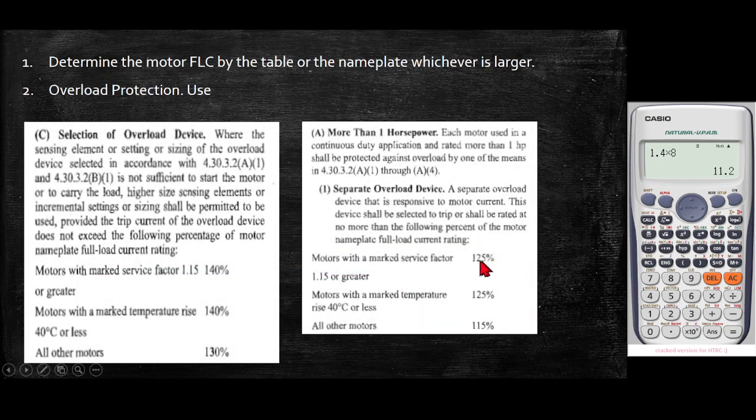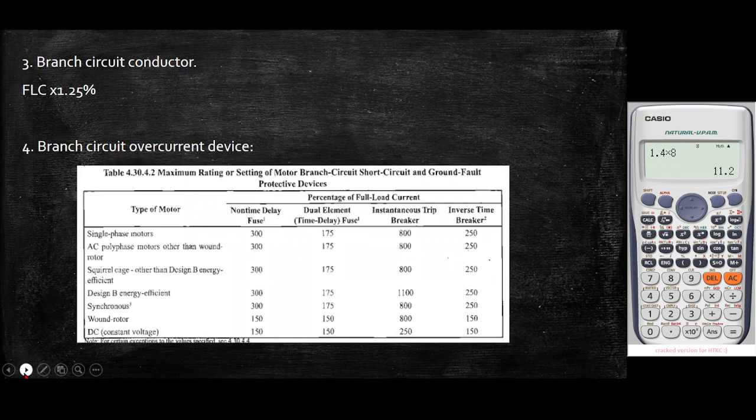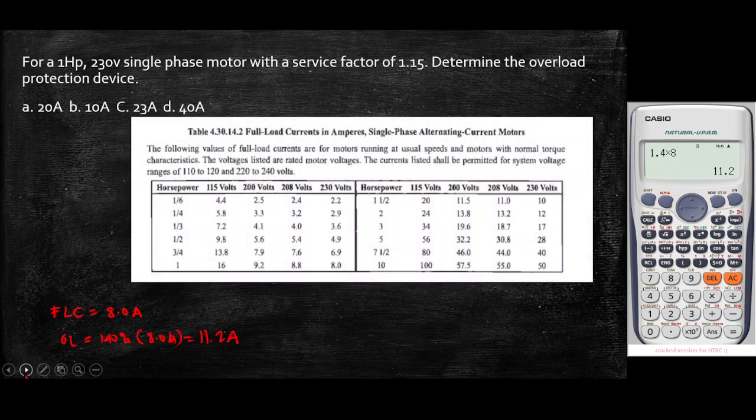125%, no, 1.25. So i-try natin pag 125 kung meron bang papasok dito, no? So FLC natin is equal to 8.0 amperes. So yung OL, so for separate device, this is 125% times 8.0 amperes.